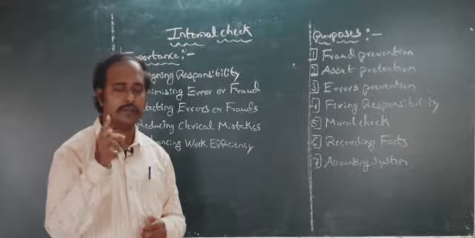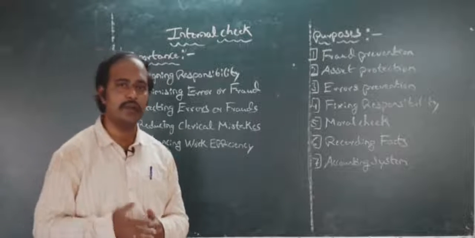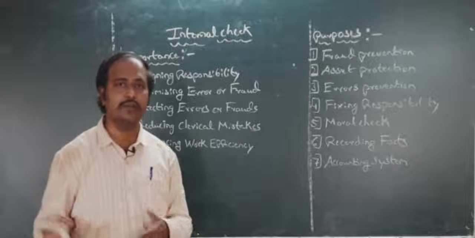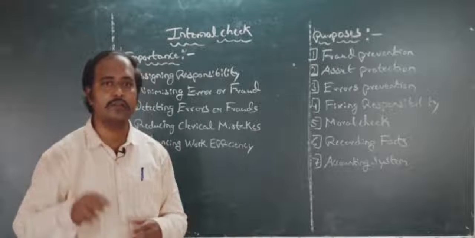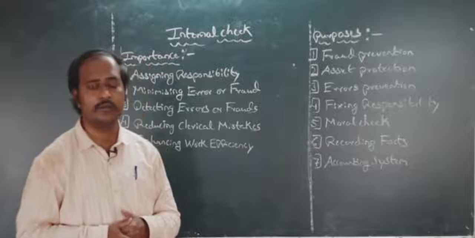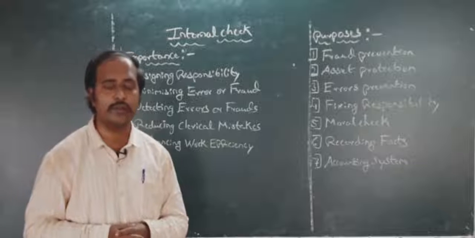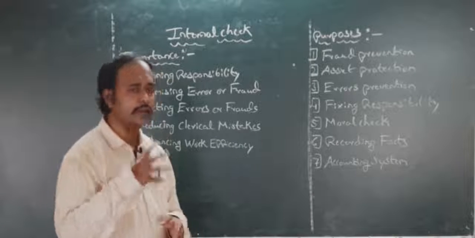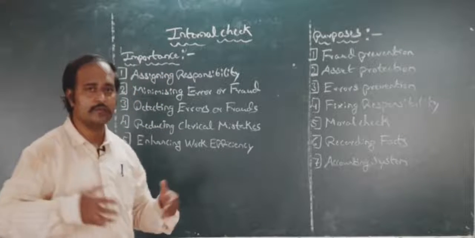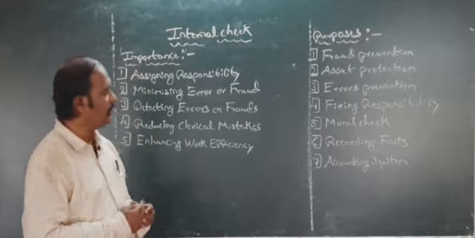For example, in 10,000, if you miss one zero, that will come to 1,000. So 10,000 minus 1,000 is 9,000. So 9,000 rupees you are going to get as the difference in your result. That needs to be located and detected, and it is made possible only with the help of this internal check. So errors can be prevented only with the help of this internal check.